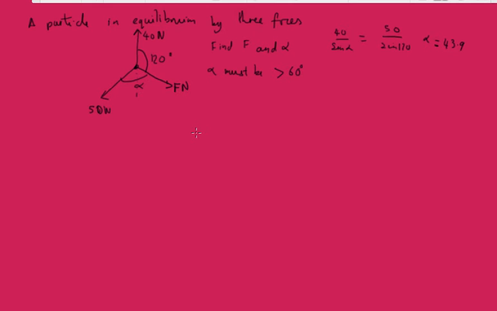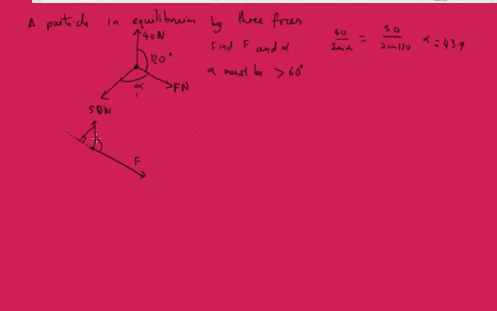So let's look firstly at what comes from the 40 newtons perpendicular to F. So here's F, and we're going to extend F along a wee bit, and then we've got our 40 newtons, and this is perpendicular.